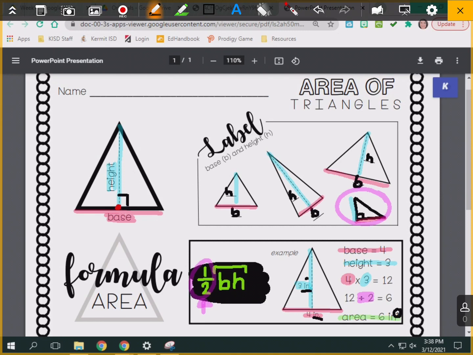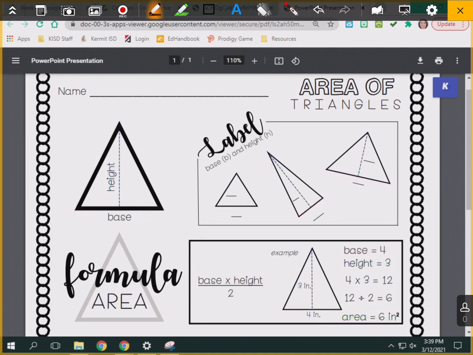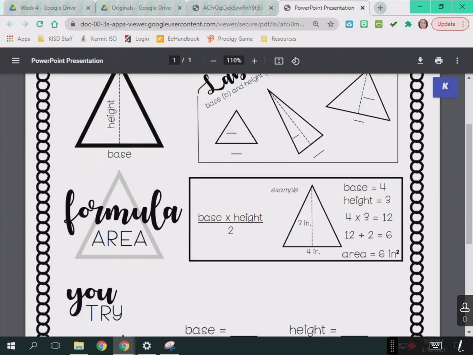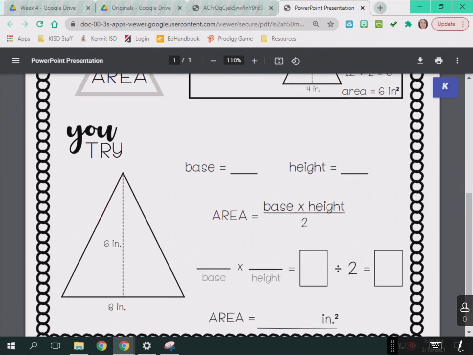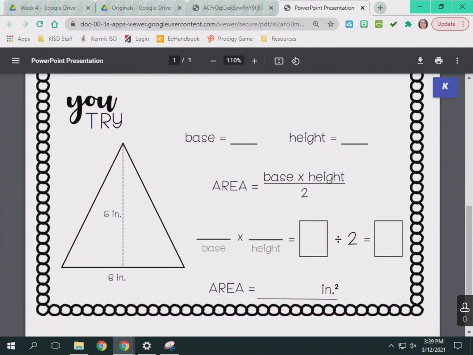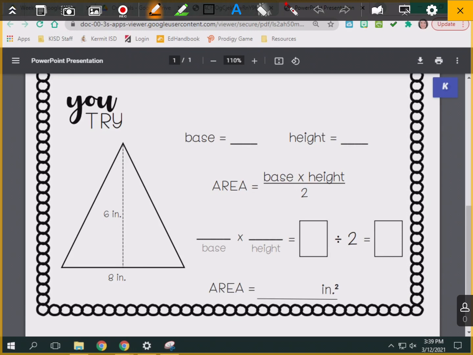Let's go ahead and look at this example under the You Try section and see if we can do this together. In some places they do write the area formula a little bit differently, but we want to make sure that we're used to using the one that we use as 6th grade. So we're not going to use theirs.